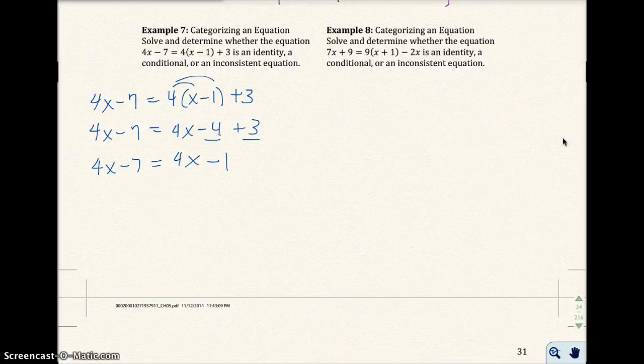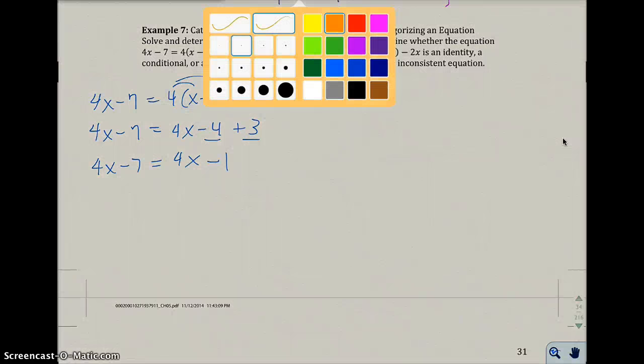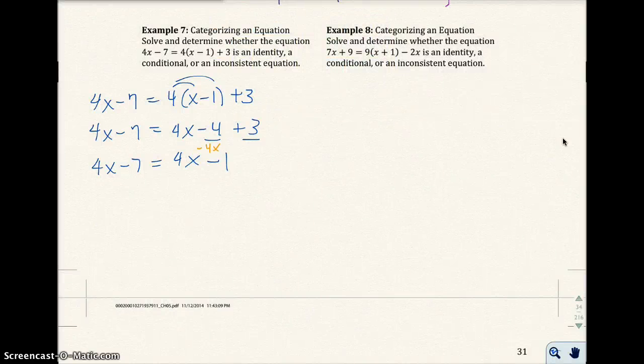Some people might see right away this is an inconsistent equation, but if you don't see it, let's keep solving this. So minus 4x, minus 4x. This would drop away, and that would drop away, so I have negative 7 equals negative 1. And that's never true, right? That means I have no solution.